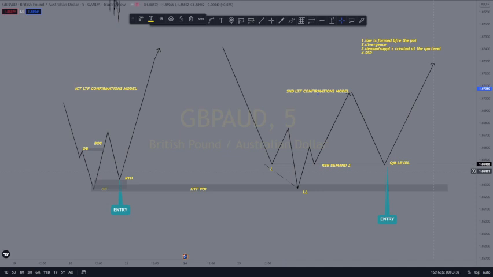The third one is the trendline breakout retest strategy that I promised, the supply and demand way.